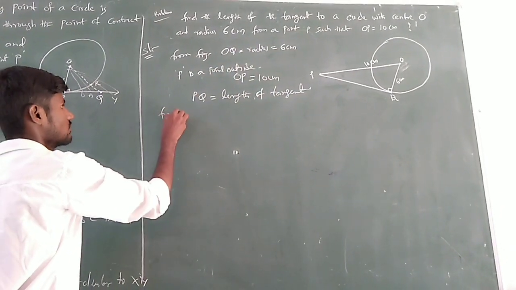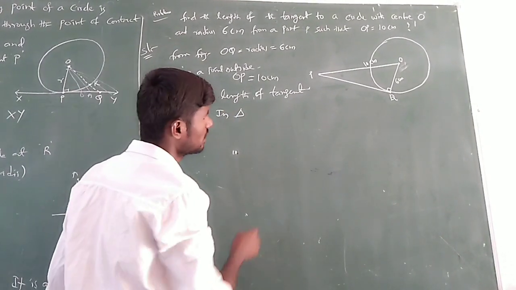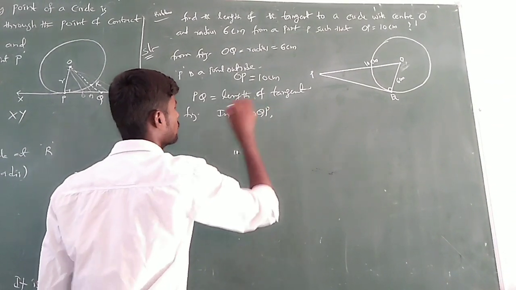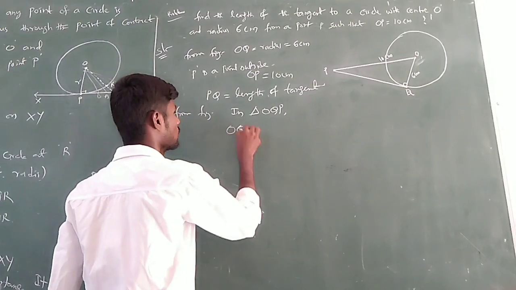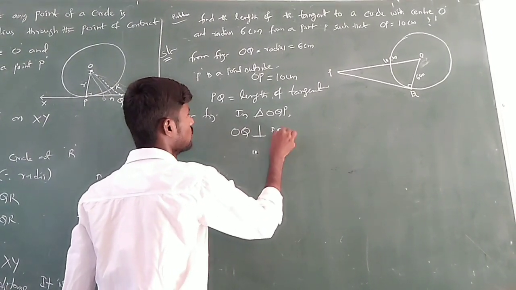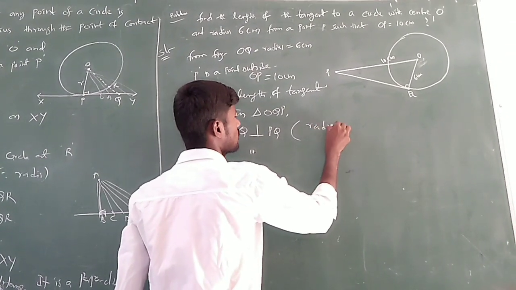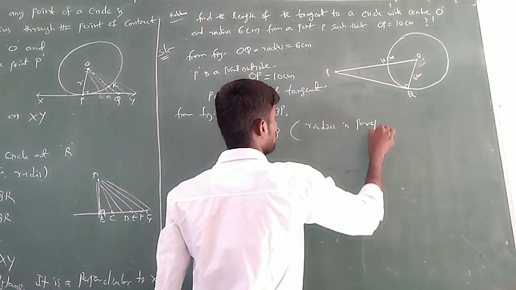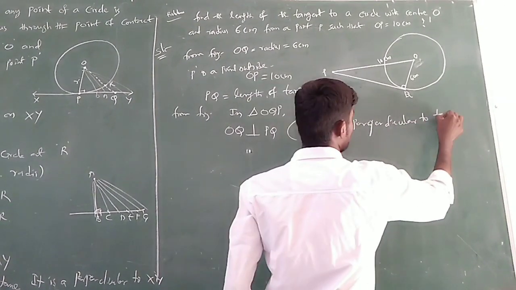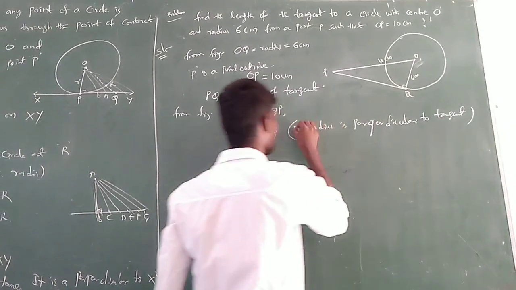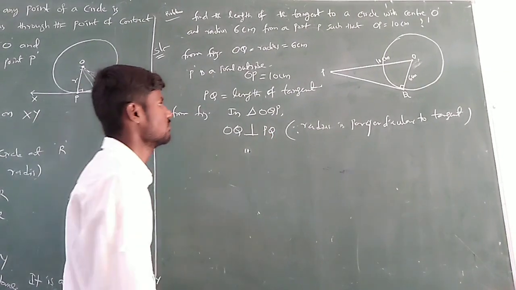So from figure, in triangle OQP, we can take OQ is perpendicular to PQ. Why? From the theorem, radius is perpendicular to the tangent. This is the reason. Because from the theorem, the radius is always perpendicular to the tangent. So OQ is perpendicular to PQ.